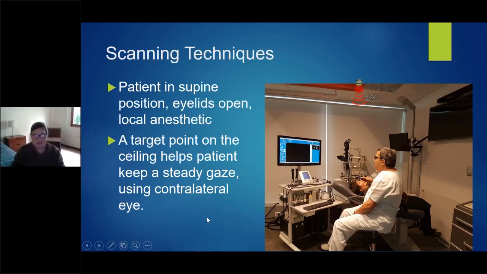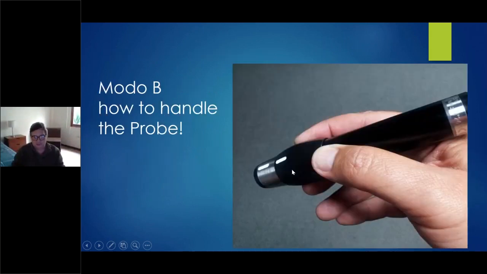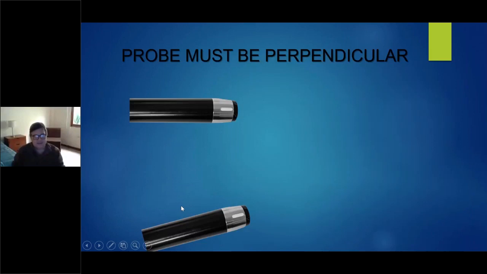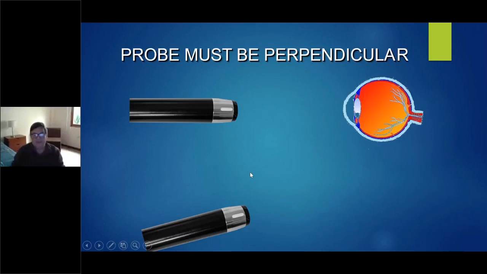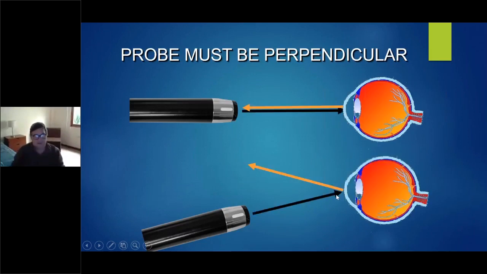How to handle the probe? You have a grip, and you need to have the marker in the upper part, the temporal part. You must be perpendicular. If you are perpendicular, you send the ultrasound beam and you receive the ultrasound beam completely. If not perpendicular, you miss a lot of echoes and a lot of information.